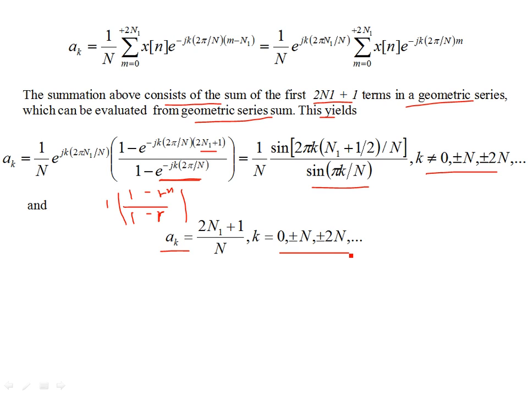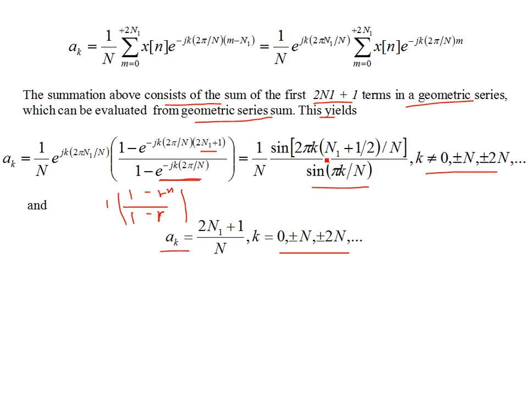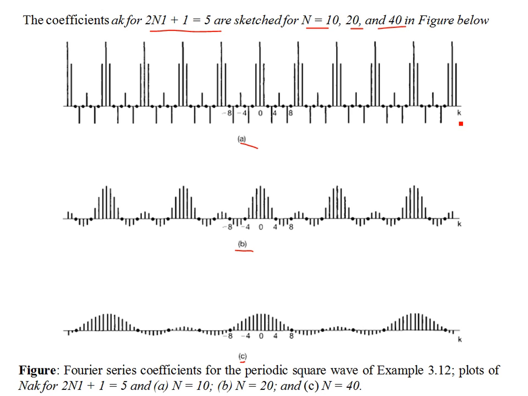Now if you plot this for certain time periods, let's say capital N equal to 10, 20, 40, and the coefficient 2n1 plus 1 equal to 5, and these are the periods. So N equal to 10 is for part A, then part B, C. You see that the form is a sine by sine of the Fourier coefficients over here, and this index is over k.